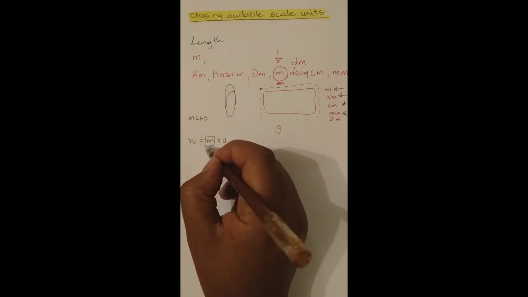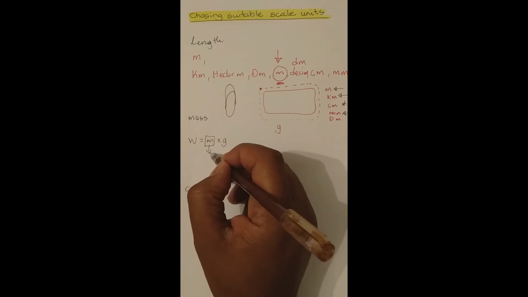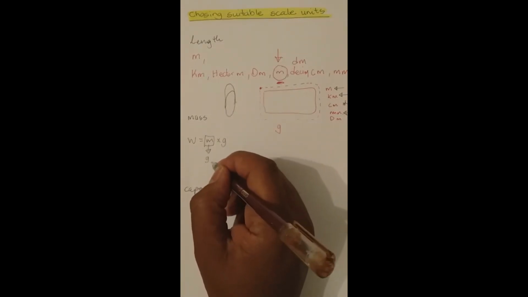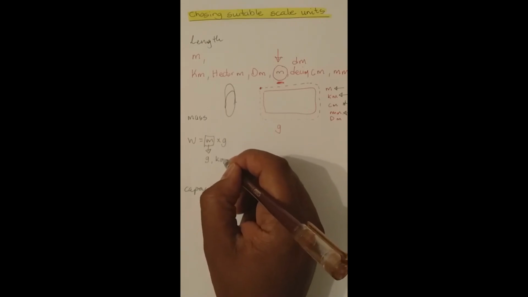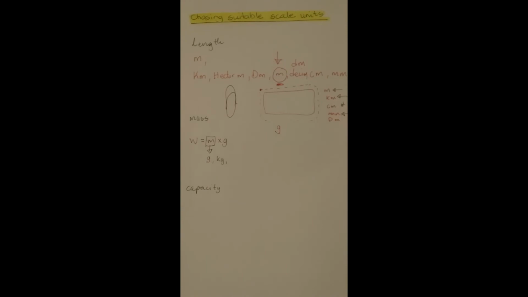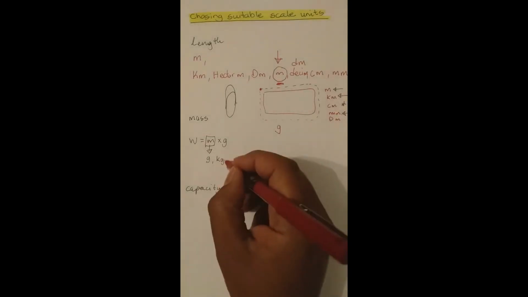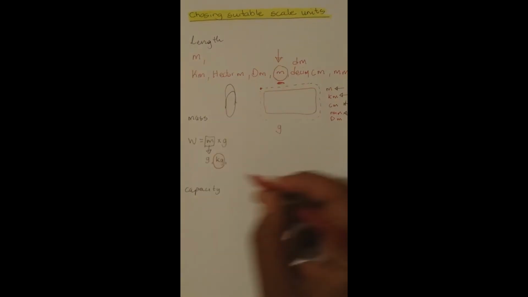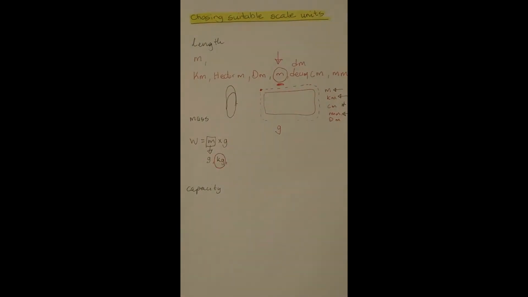So what is your mass? Would you measure your mass in grams, kilograms, or anything less or anything more than that? Of course, your answer would be kilograms, and then you would be able to calculate your weight.